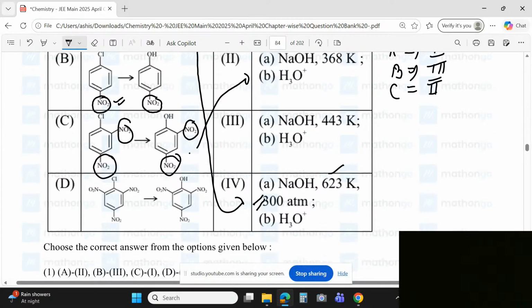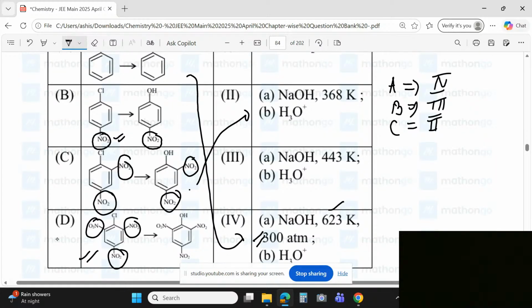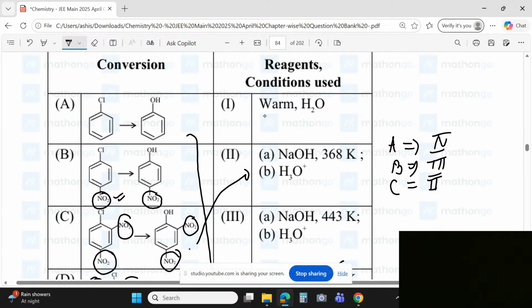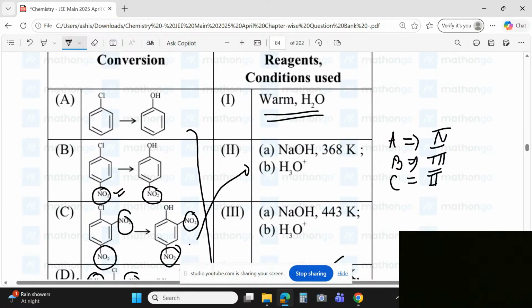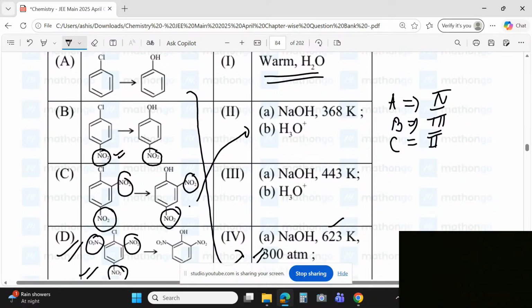And when we use 3 NO2 groups at ortho and para positions, the nucleophilic substitution reaction will occur at very high speed, because we are using 3 electron withdrawing groups. So this reaction can be carried out at room temperature, or we can say by using just warm water.